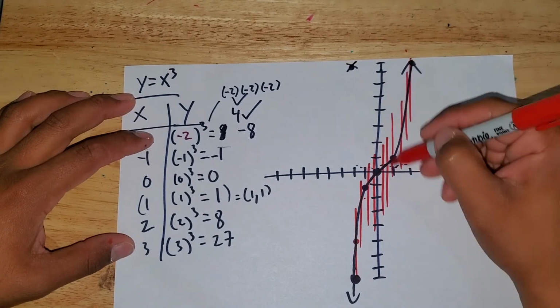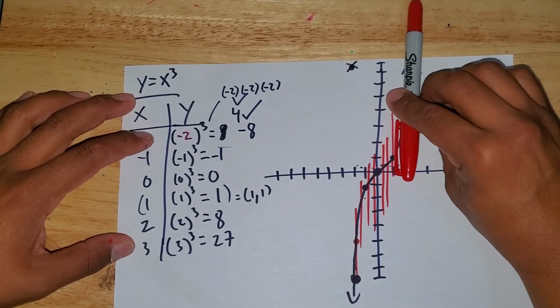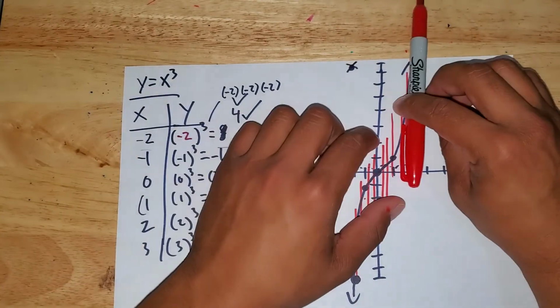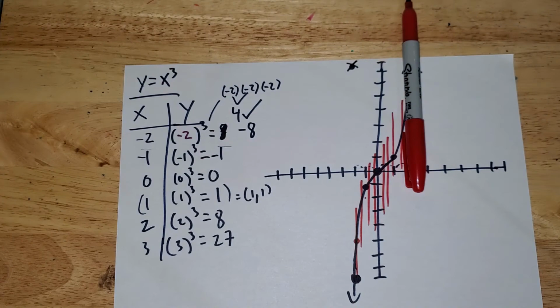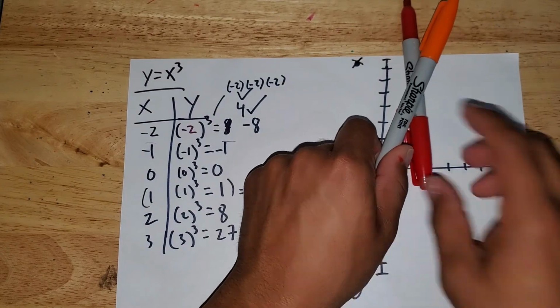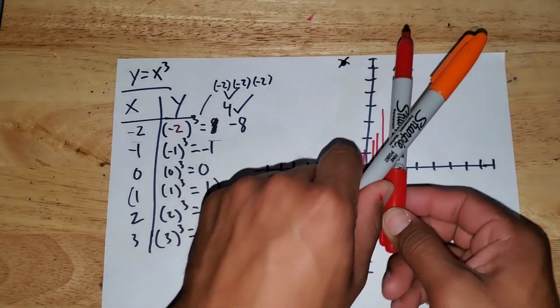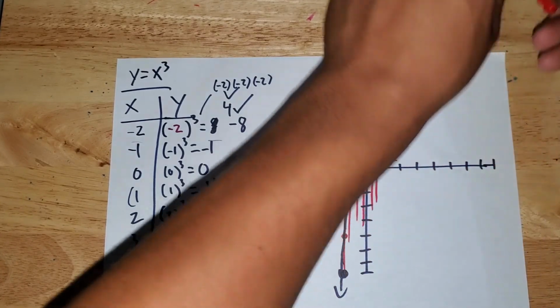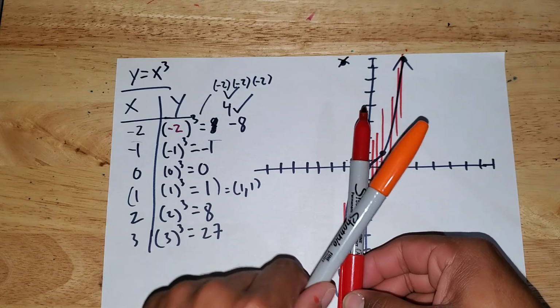If I keep doing it, this keeps going, to exaggerate it. This goes like that forever. So every time you make a vertical line anywhere on this graph, it's going to look like this. Anywhere you go here, it's always going to keep going like that. Same thing down here, but down here it's going to look like this.